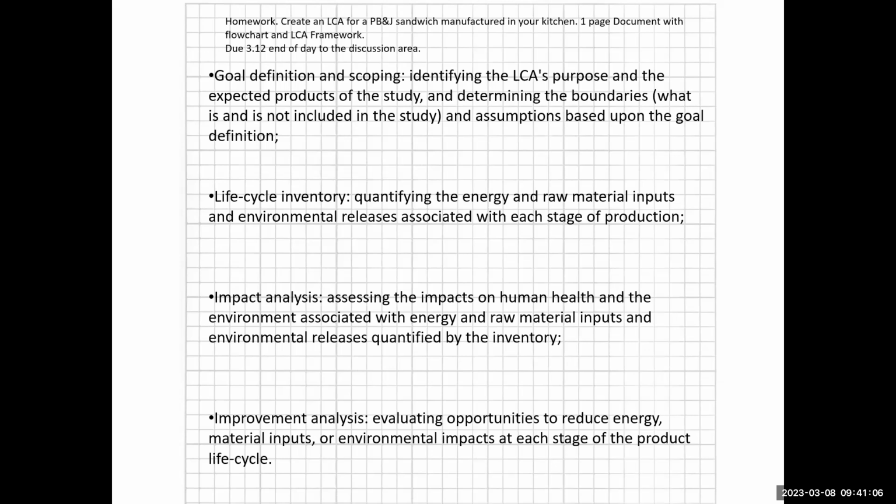You're going to manufacture it in your kitchen, and it's going to be for your lunch later in the day. So you're going to make it in the mornings for your lunch later in the day. Okay. I do want a flow chart of your manufacturing process, as much detail as possible, right? And I do want an inventory. And then I want an impact analysis, and then I want an improvement. All right. So you have until the 12th to pull this off.